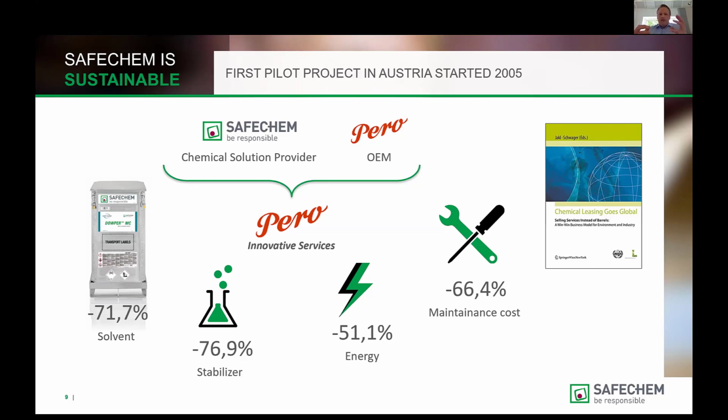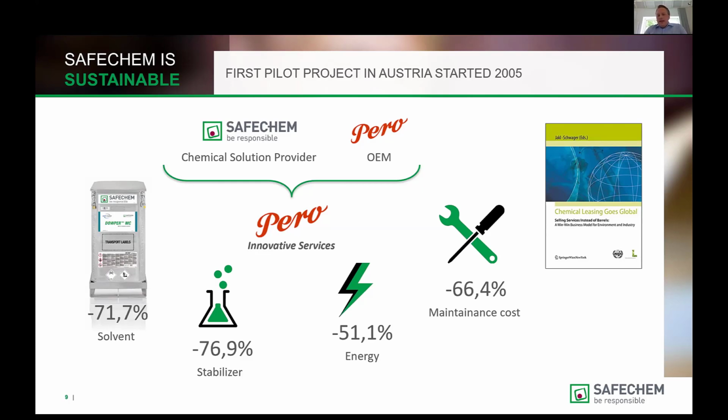We delivered the chemical solution, Pero delivered the machine, and together we achieved a reduction of the solvent consumption, even compared to a closed machine which was used before, by more than 70% on the solvents, but also more than 70% on the stabilizer, which is already a service component to optimize the process.